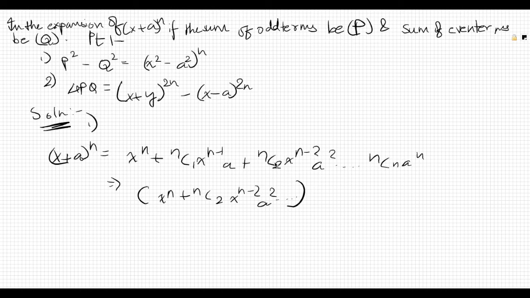What we're doing is grouping the odd terms together and the even terms together. And the even terms will be nC1 x to the power n minus 1 a plus nC3 x to the power n minus 3 into a cubed and so on. And from the above expression we know that this is p plus q.